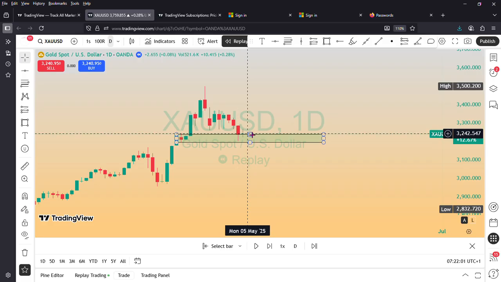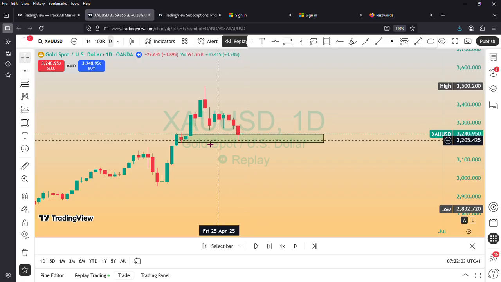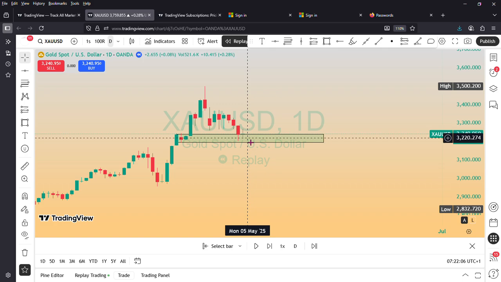As this doji candle forms at our area of a support zone, we are looking at the market in the next 2 days as supposed to be bullish. That is what we are looking for. When we see a doji candle form at the area of a support zone, we are insinuating that the next day and the second day, the next 2 days, should be bullish.